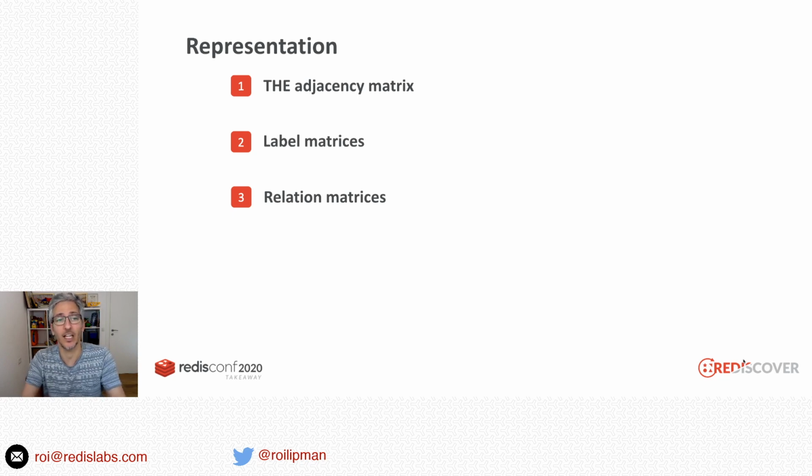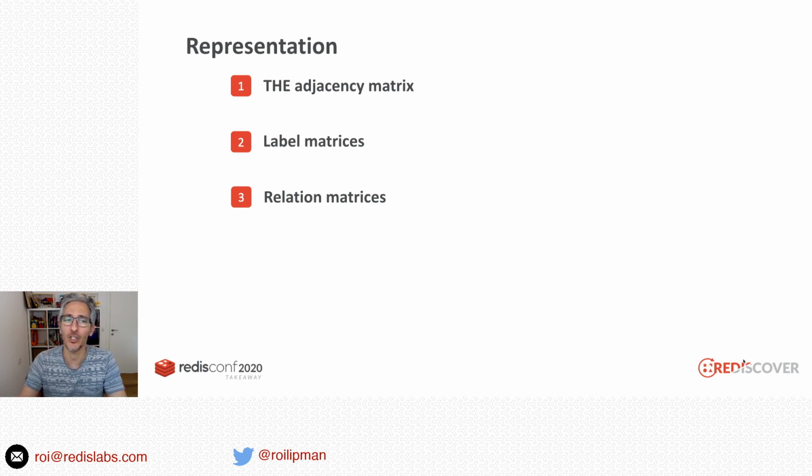And each one of those has its own matrix. These types of matrices are diagonal, so if node I is labeled as a person, then the label matrix for person would have an entry set at position I.